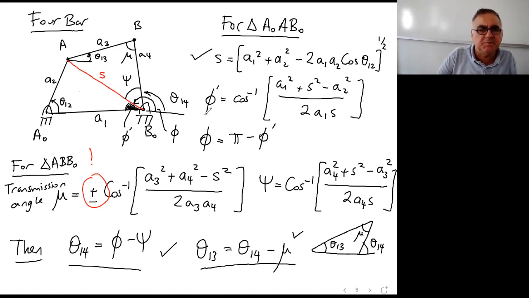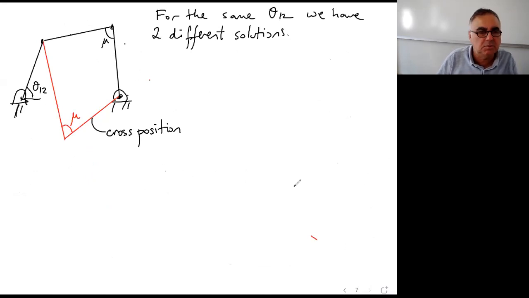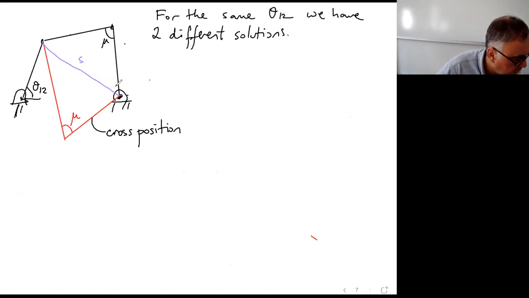There is another possibility here. Let me try to show that. Let me use some different color. Let's say that this is S, and this is phi.